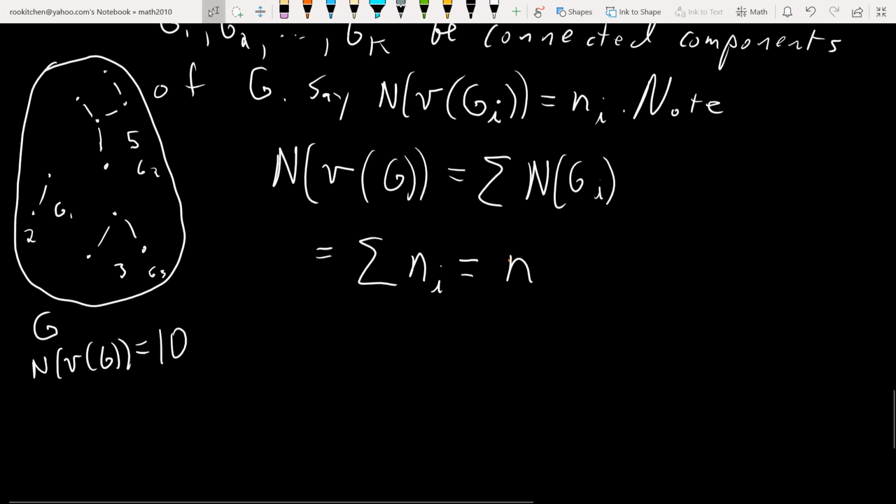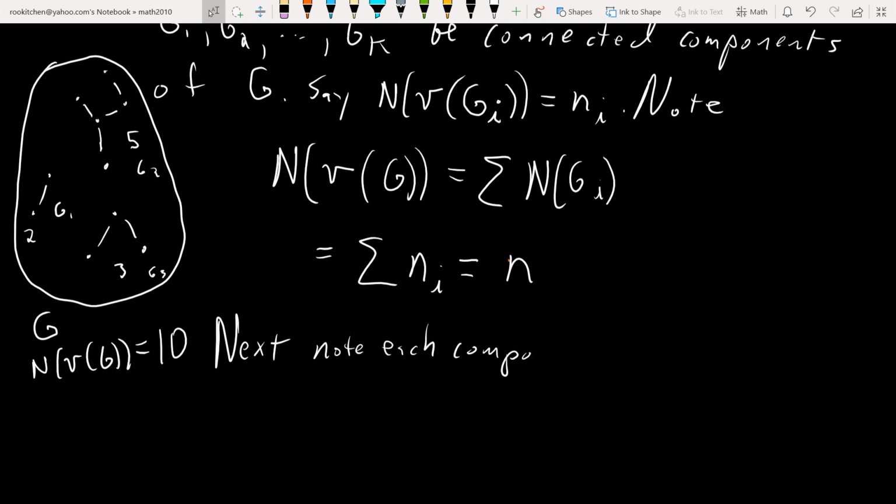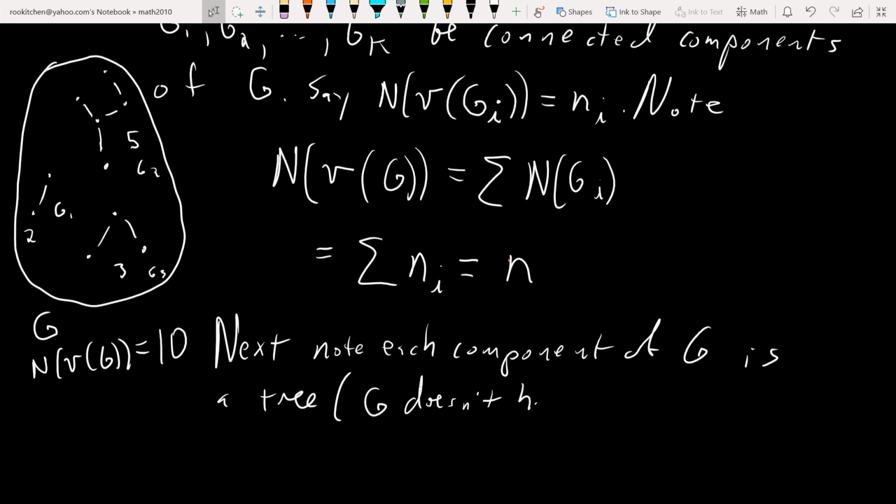Okay, so next, note that each of the components of G are basically trees, because we've supposed that G doesn't have any circuits. So if G doesn't have any circuits, then certainly all the little bits and pieces don't have circuits, right?